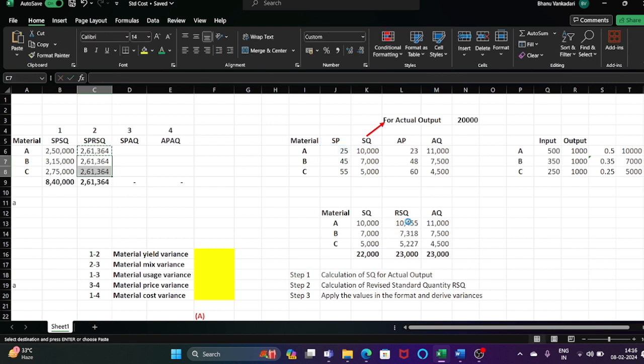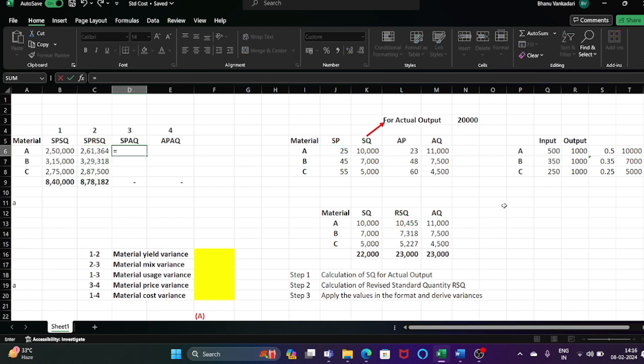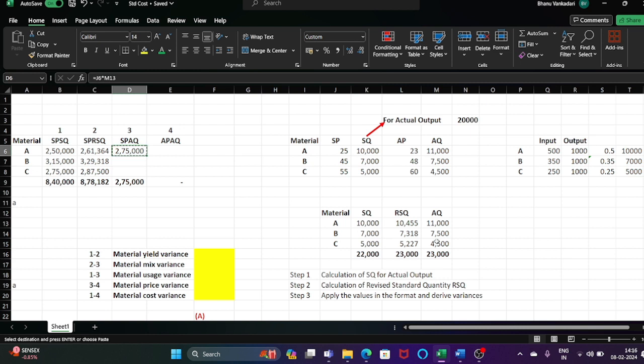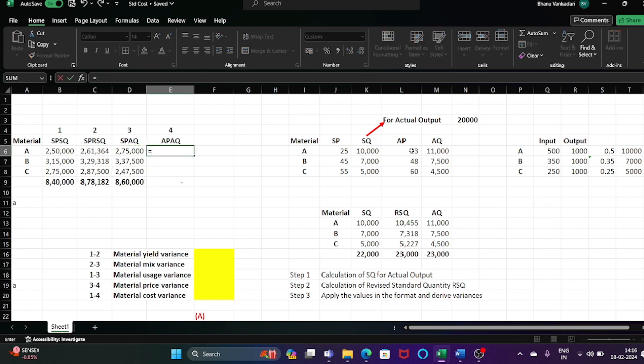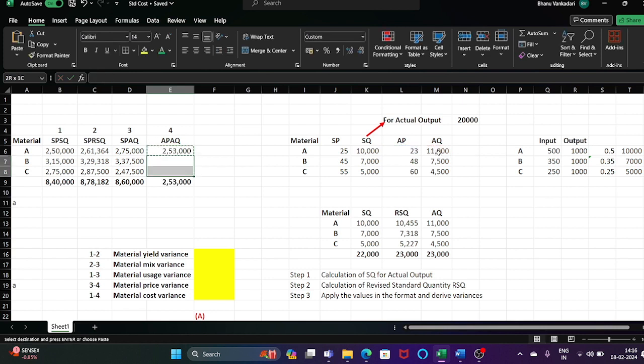Okay, SP AQ: standard price into actual quantity. AP AQ: actual price into actual quantity. So we arrived at the values. Now just apply in the format so that you will arrive at all the variances.